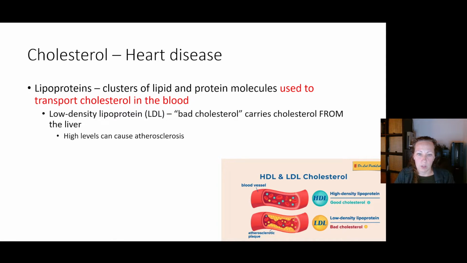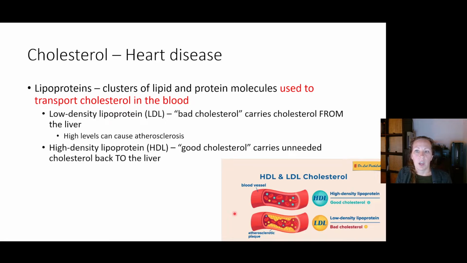As you can see here, as this plaque is deposited, the artery becomes narrower, and eventually it can be so narrow that blood can't get through, and that is what leads to a heart attack or a stroke. Heart attacks are caused by oxygen from the blood not getting to the heart. Strokes are oxygen not getting to the brain.